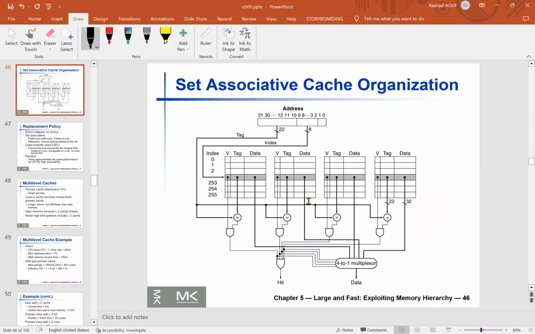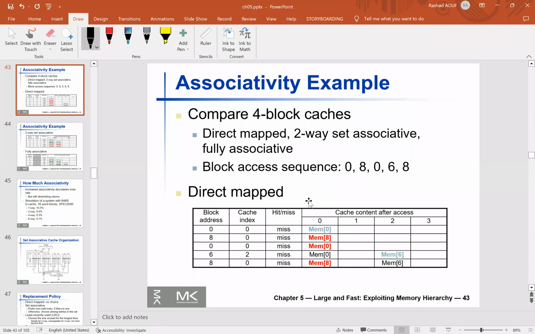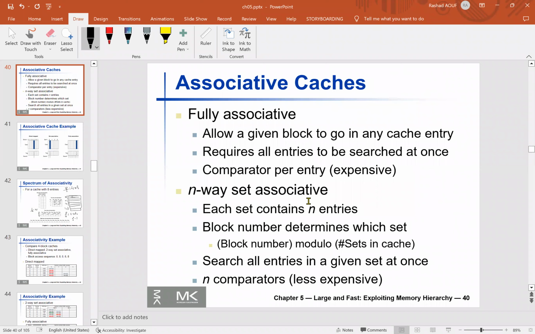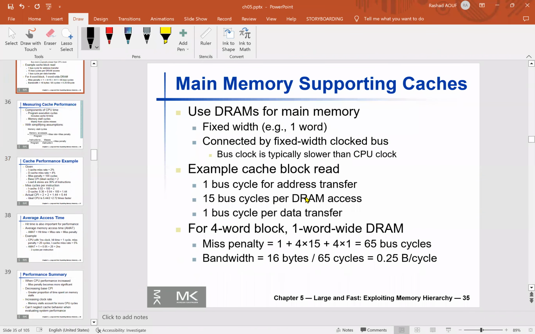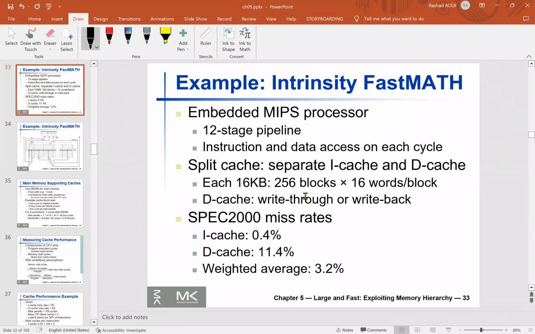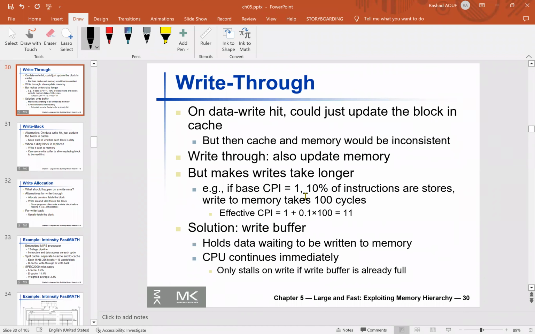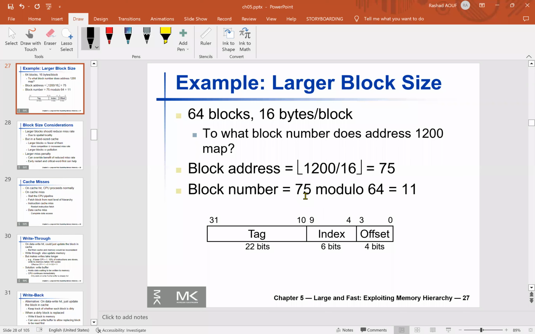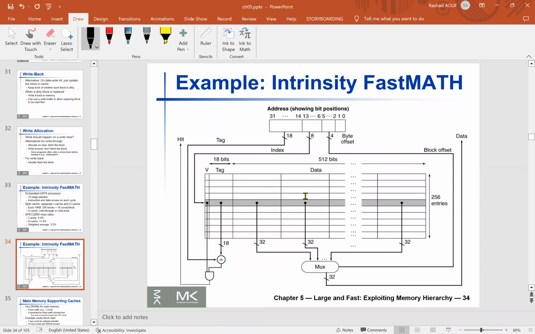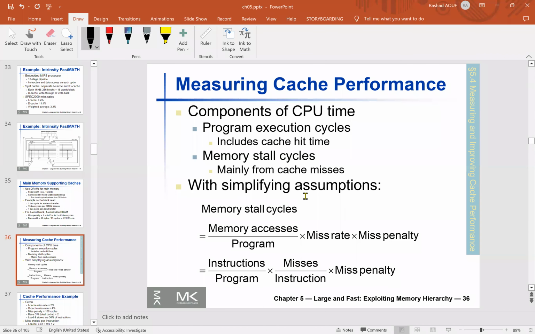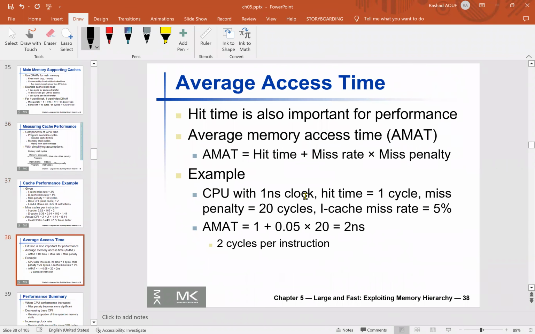I'll give you an example of what I mean. Here there is an example with a calculation, and there are formulas you have to get.